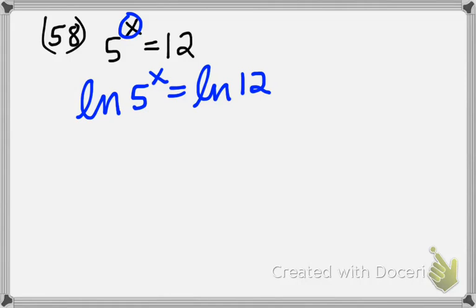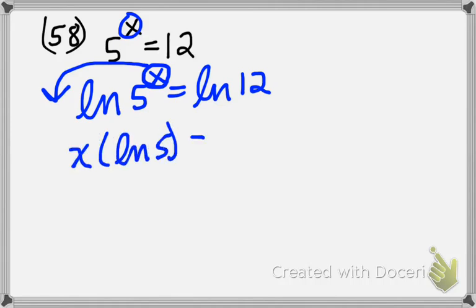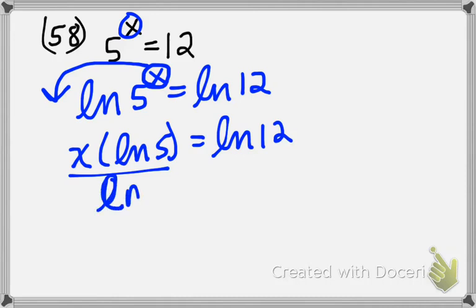Once I do that, then that allows me to use this logarithm rule that moves the x to the front. So now it becomes x times ln 5. And then to get the x by itself, I'm just going to divide by ln 5 on both sides.